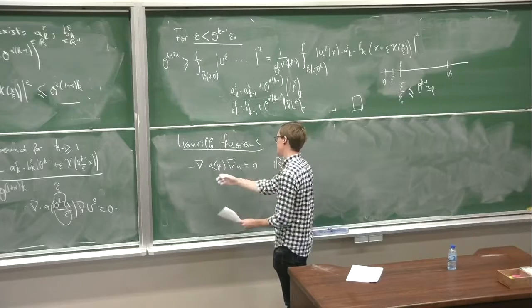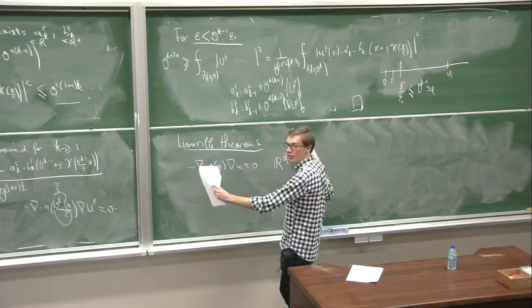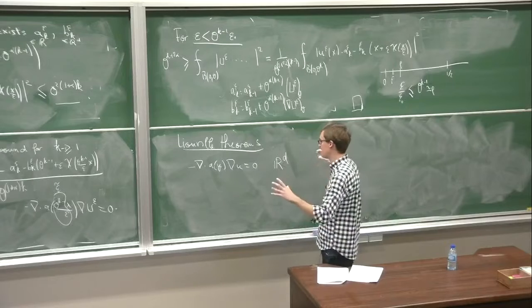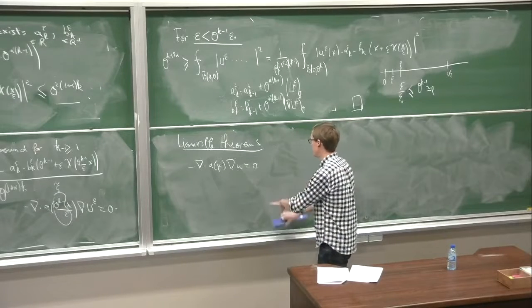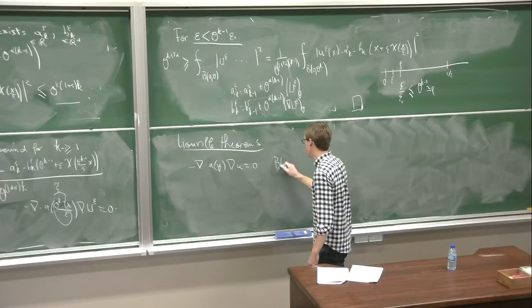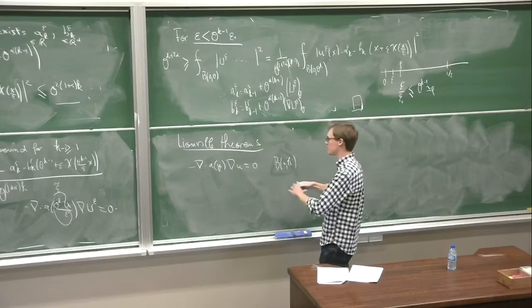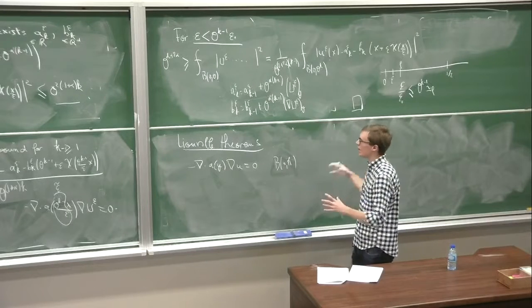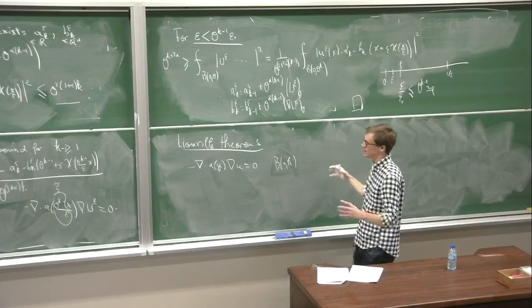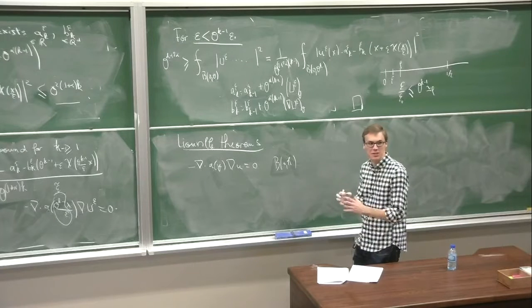So looking at this equation in a big ball B(0,R) for some large R is somehow equivalent to asking the question about uniform estimates for small epsilon.